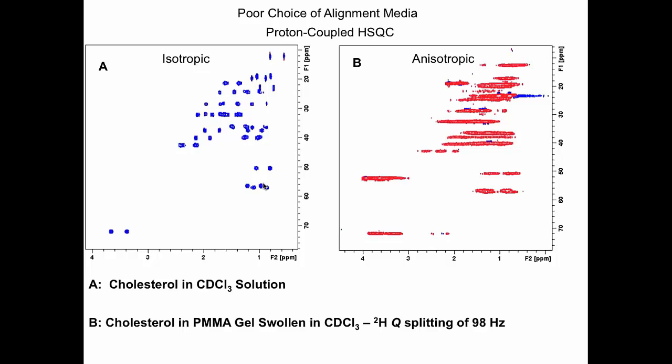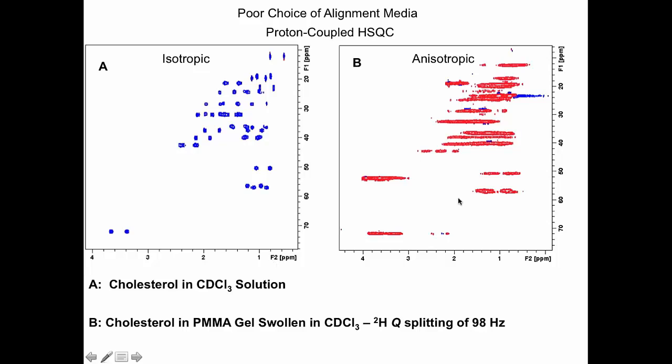And the problem is that when you put inside the gel a molecule with a lot of protons, let's say a triterpene, a diterpene, or cholesterol, you have a lot of proton-proton interactions. Those proton-proton interactions, which are dipolar interactions, start broadening the signals in F2.